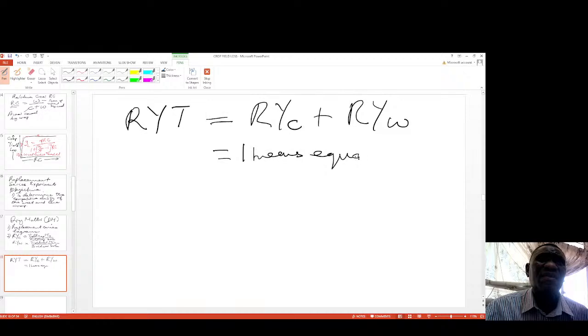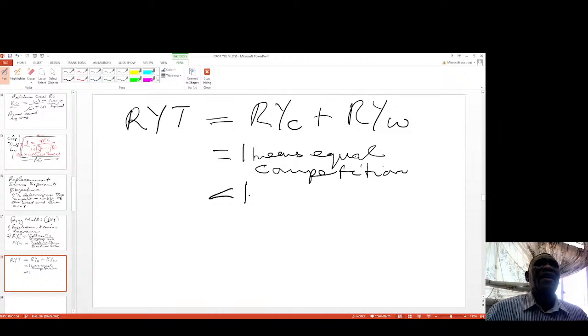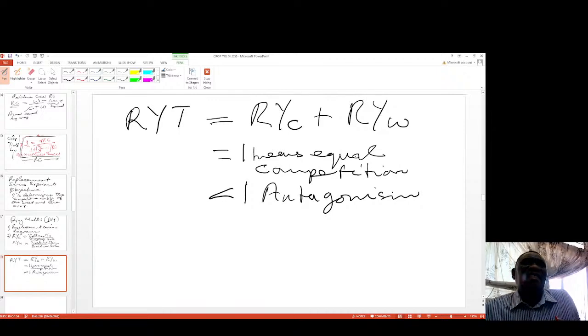Equal, less than 1, it means the plants are antagonistic to each other, the weed and the crop.